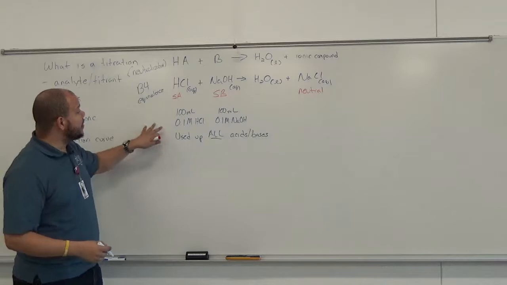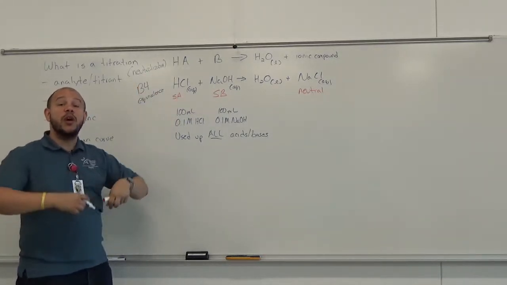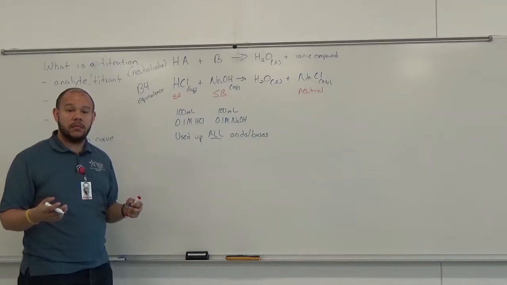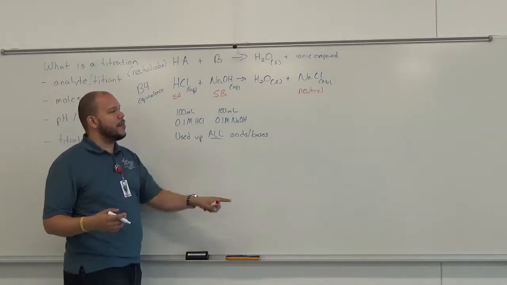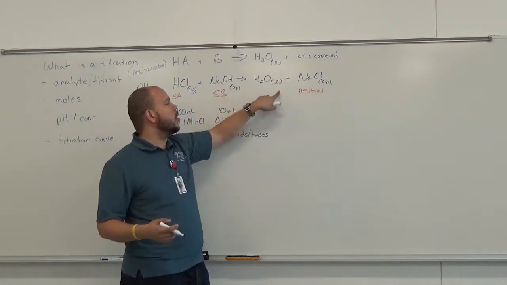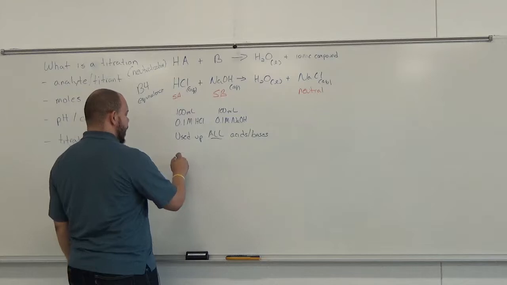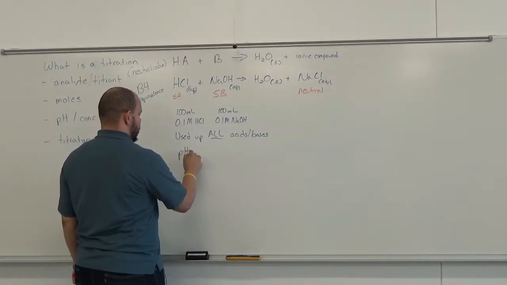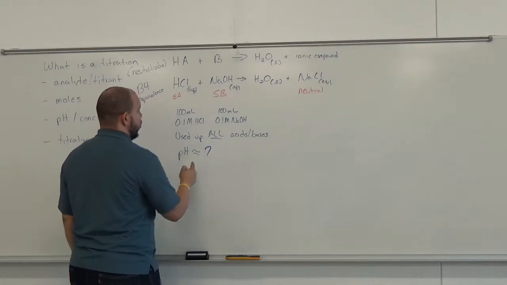Now, this is a neutralization reaction that is going to completion because we have used up all. And if we have used up all acids and bases and we're only left with water and neutral salts, we should expect the pH to be approximately 7. Right?